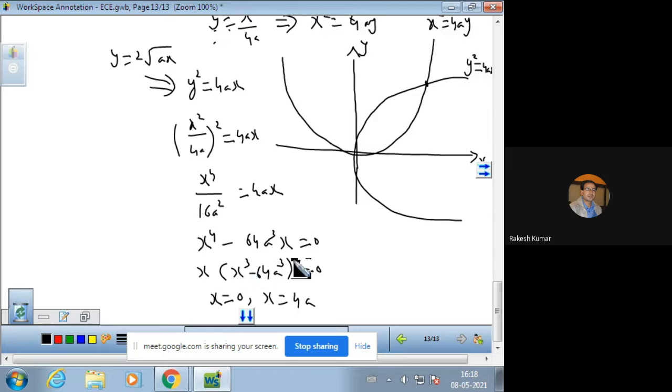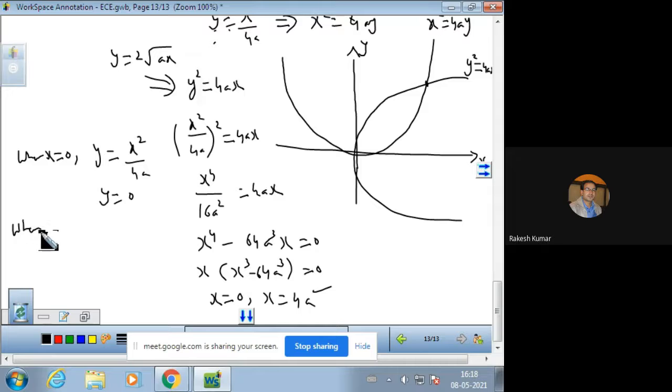The cube root of 64 will come out as 4, so 4a. These are the points x equal to 0 and x equal to 4a. Now you can put x equal to 0 in the curve. When x equal to 0, y equal to x square over 4a will give y equal to 0.